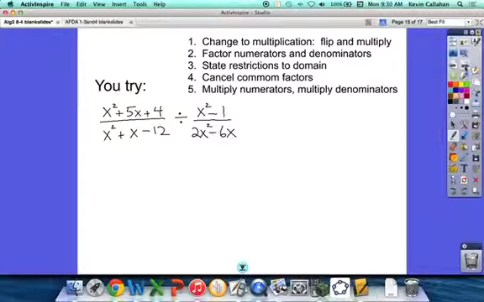It's the last slide. If you think this is hard, next class will be harder. Because what's more hard? Multiplying fractions or adding fractions?